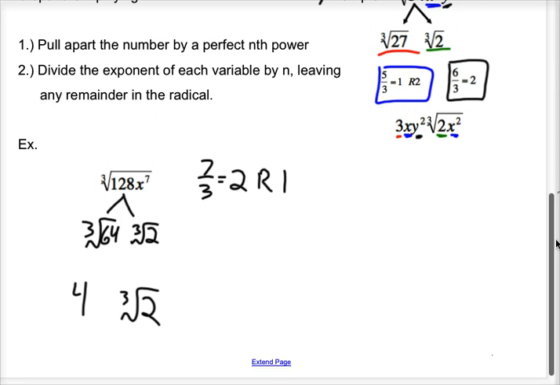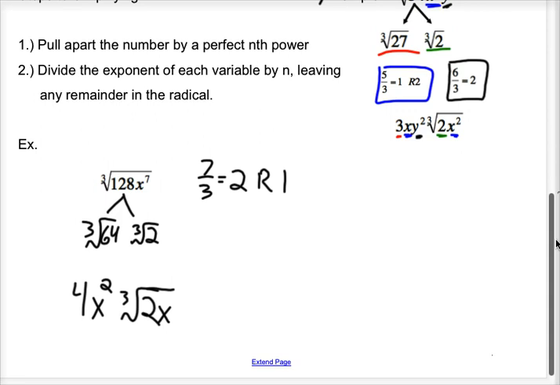So what ends up happening? Well, that 2 comes out with my x, so that is an x squared. 2 full ones came out, and then I have a remainder of 1 that is going to have to stay inside the radical. All right, and that is going to be my simplified radical expression.